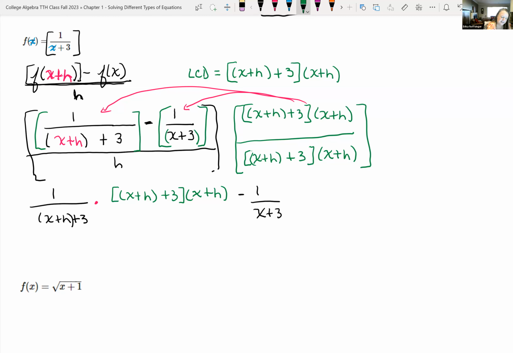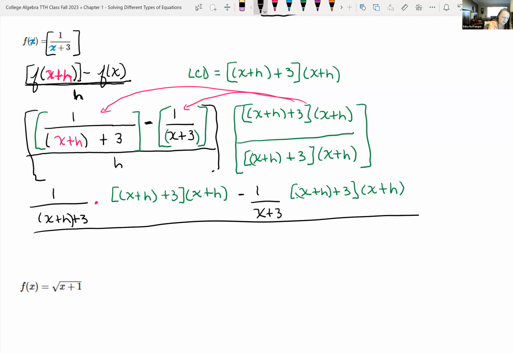We're distributing the LCD to this term too. And so we have x plus h plus 3 all times x plus 3. All over, and now we're doing this to our denominator. So our denominator here, we have our h times our least common denominator, which again was x plus h plus 3, that quantity times x plus 3.